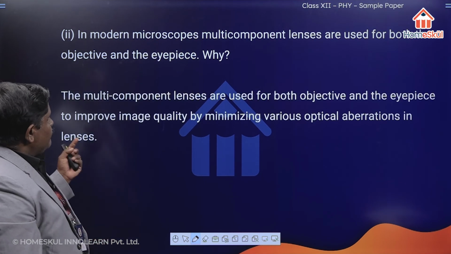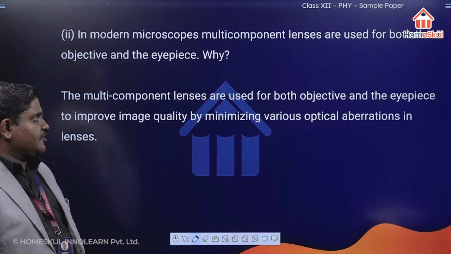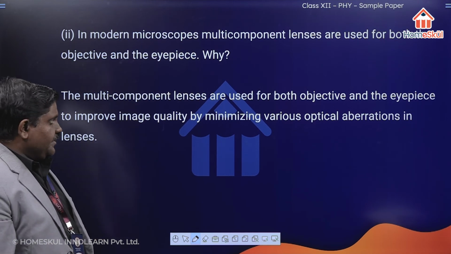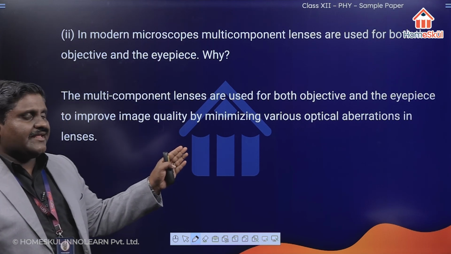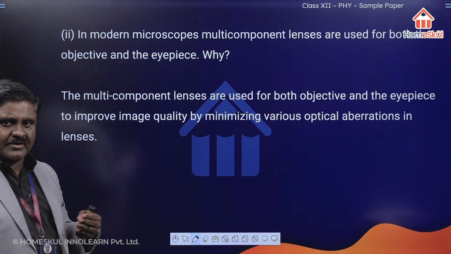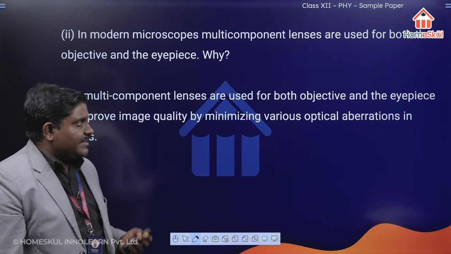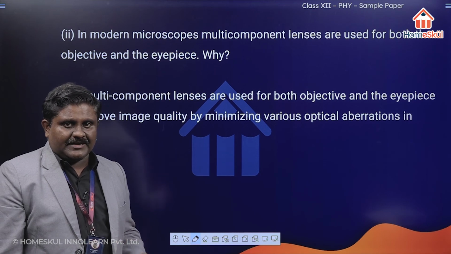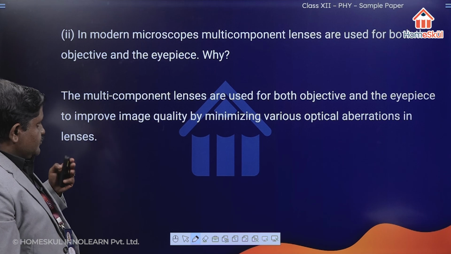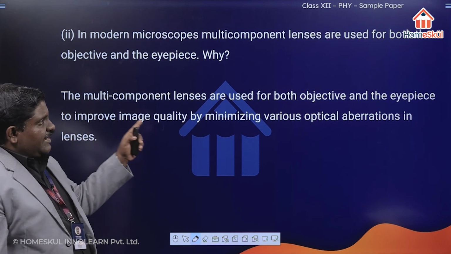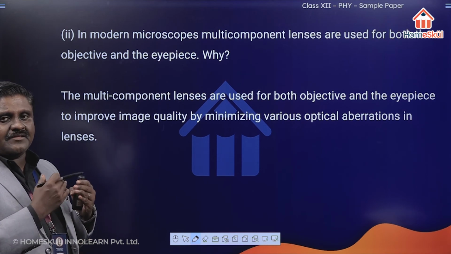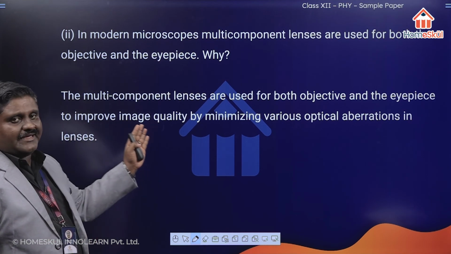See, the multi-component lenses are used for both objective and eyepiece to improve the image quality, by minimizing the various optical aberrations in the lenses. So you already learned about the several types of aberrations, right? Chromatic aberration, spherical aberrations like that. In order to reduce that, we have to use the multi-component lenses. If the aberrations are reduced, we get the high quality images.